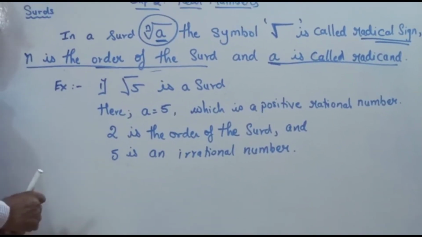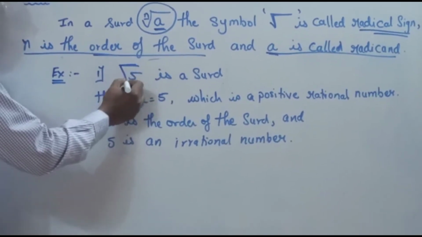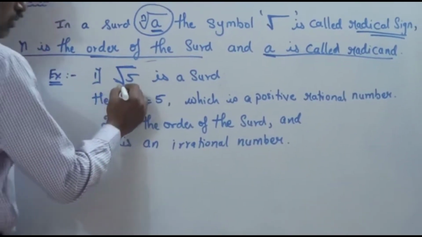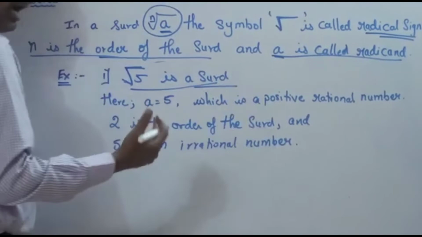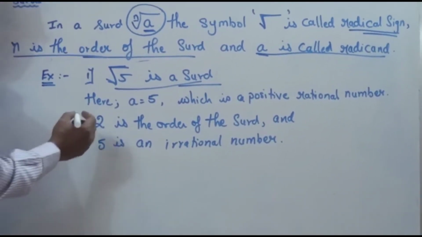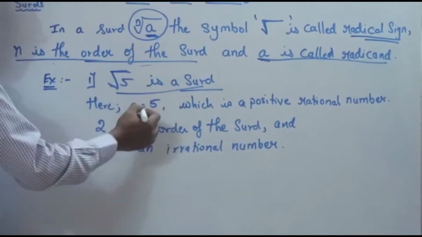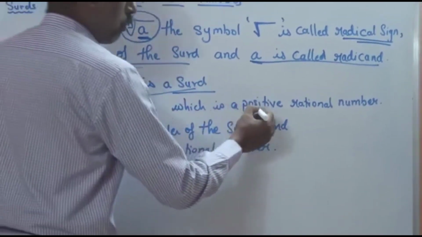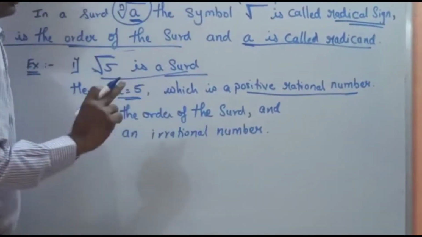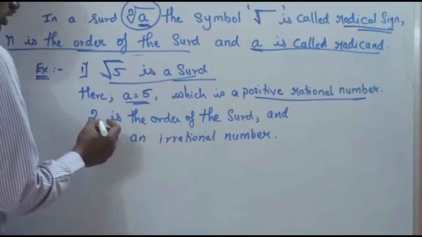Let's see one example. Example 1. I'm saying root 5 is a surd. Why am I saying root 5 is a surd? What is the reason behind it? Here, a is 5, which is a positive rational number. 2 is the order of the surd.